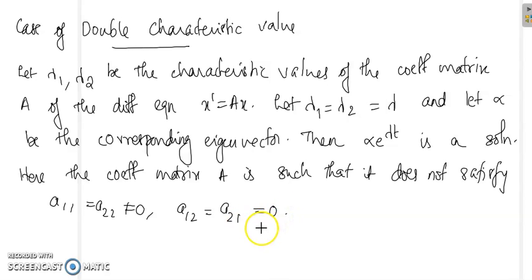If the matrix is of this form, then there is only one solution. So we are looking for a system which has two solutions.